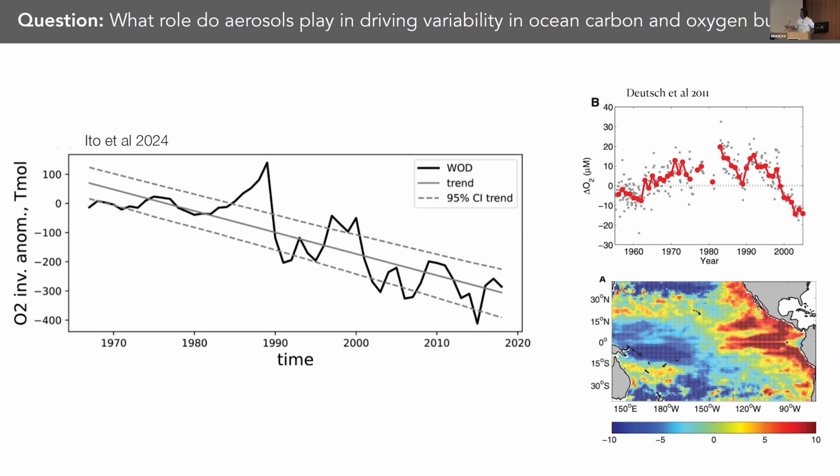However, we haven't really talked about aerosol effects on these budgets, both oxygen and carbon budgets, in great detail. So the question, not just for today, but for the community, is: what role do aerosols play in driving variability in global ocean carbon and oxygen budgets?